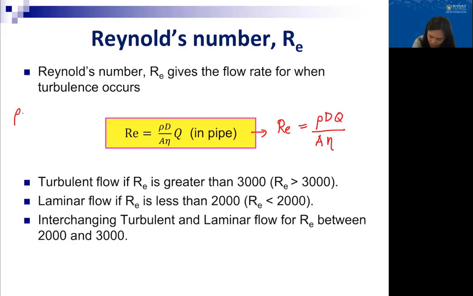So rho is the density of the fluid that's flowing. D is the diameter of the pipe where the fluid is flowing. A is the cross-sectional area.